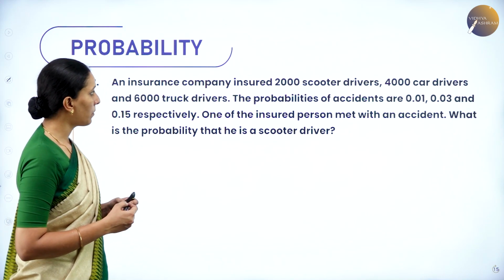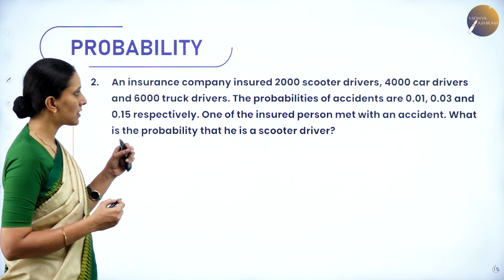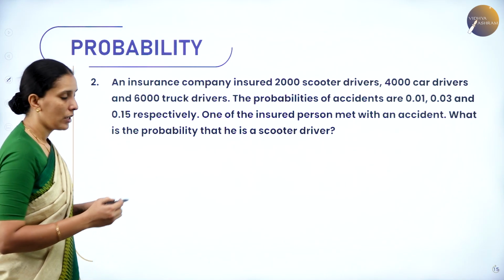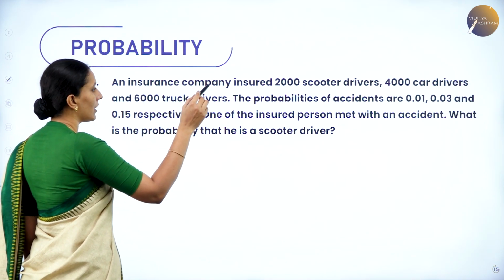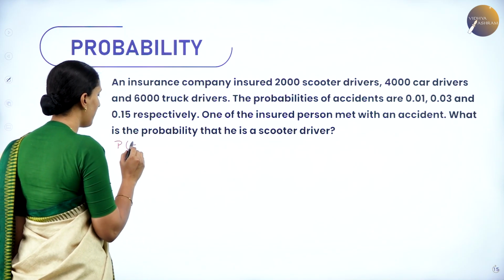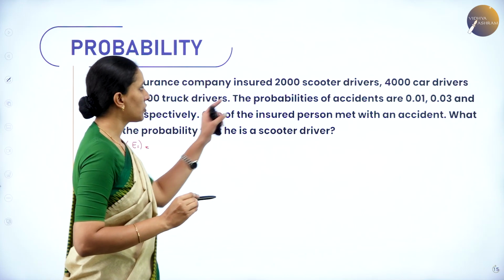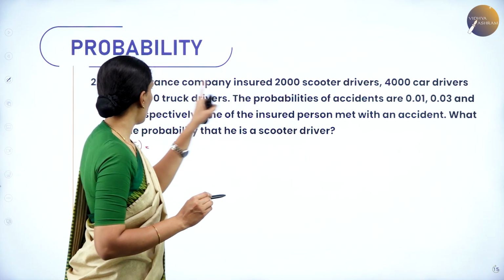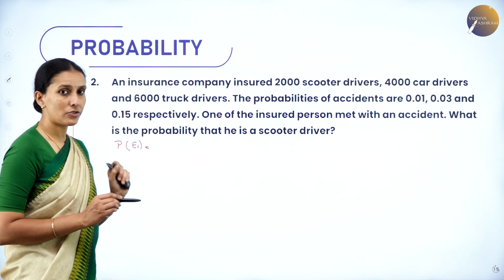First, let us see the probability of scooter drivers, car drivers and truck drivers. So, let us choose the event as E1, E2, E3. Now, probability of E1. So overall they have insured 2,000 plus 4,000 plus 6,000, 12,000 drivers.